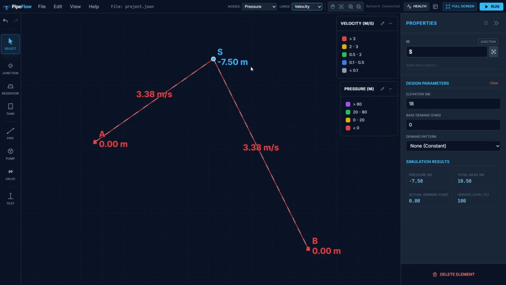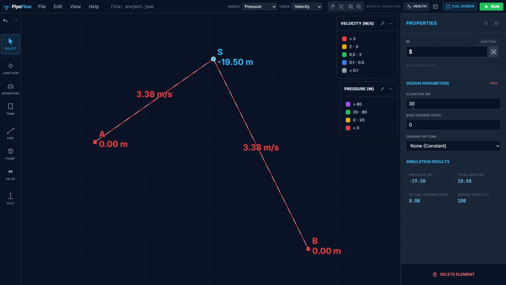It is now at 7.5 meters, but if the summit was at a higher elevation of 30 meters, let's assume, then it comes to minus 19.5 meters, which means this case is impossible because it exceeds the absolute vacuum, which is nearly 10.2 meters of water head. So we should limit it to less than 10 meters.